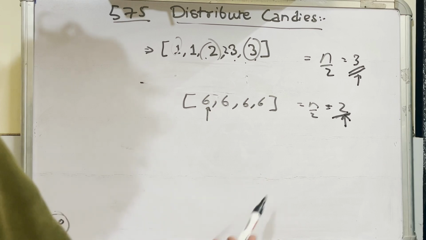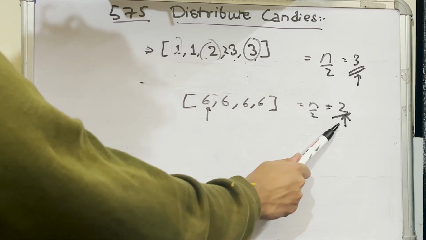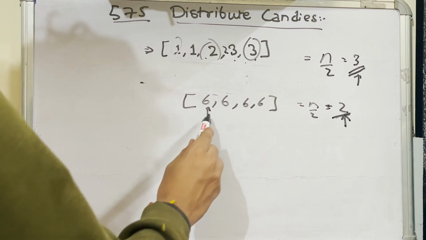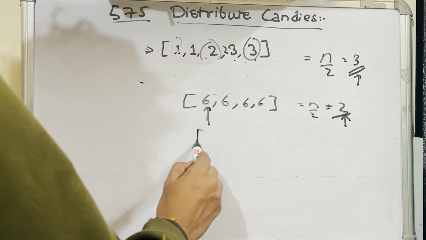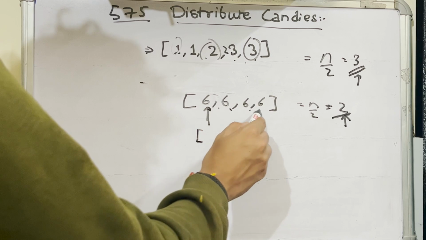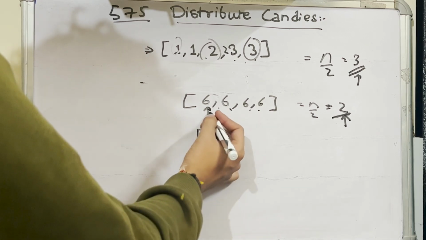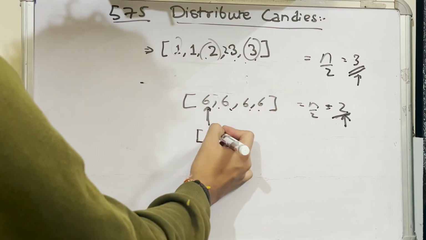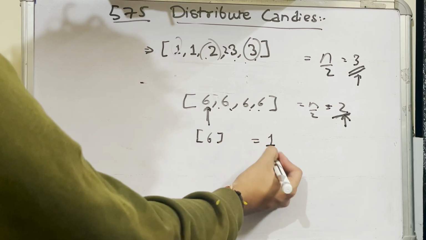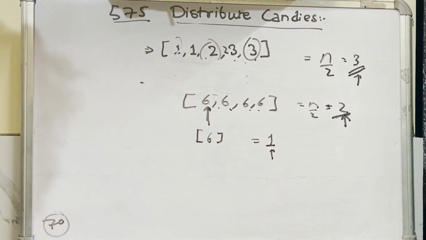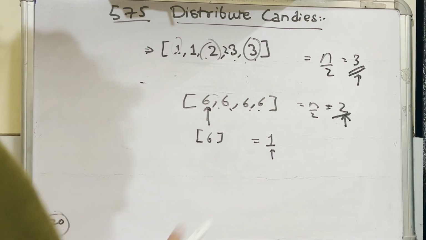Now we have to return, is it possible that she can eat 2 types of candies? So we have to see how many different types of candies she has. As you can see, the only possible type in this array is this. So she can only eat 1 type of candy, and we have to return this.